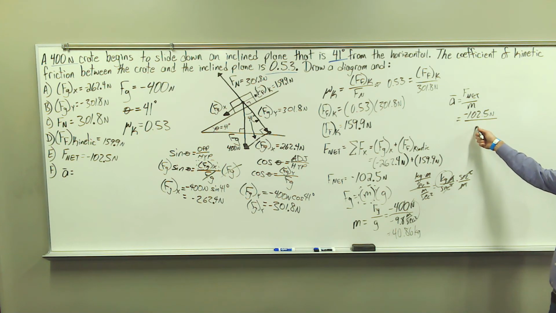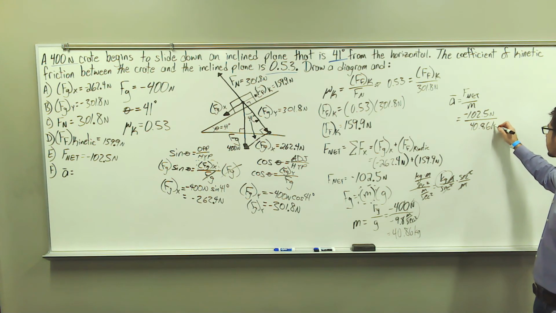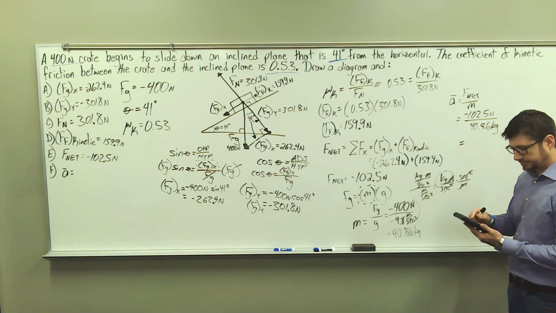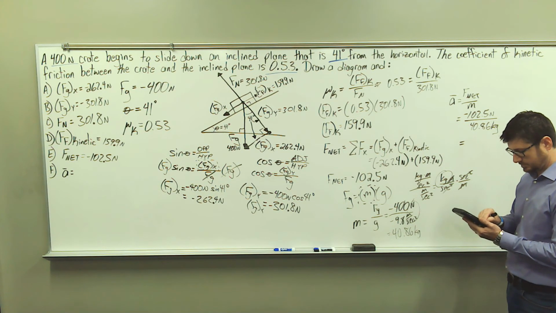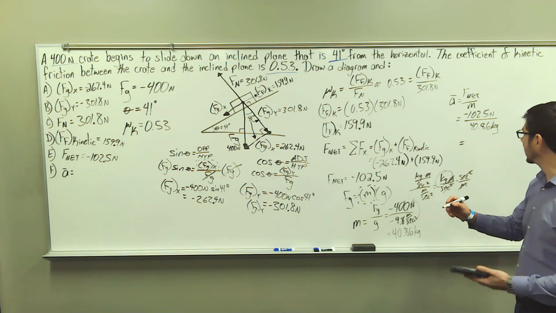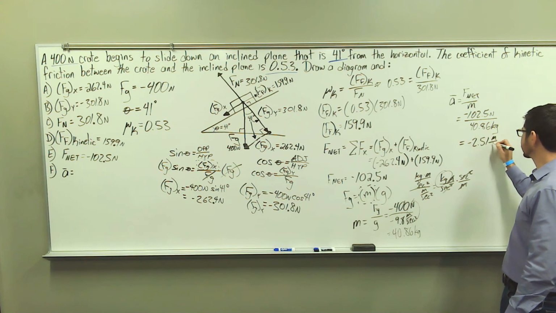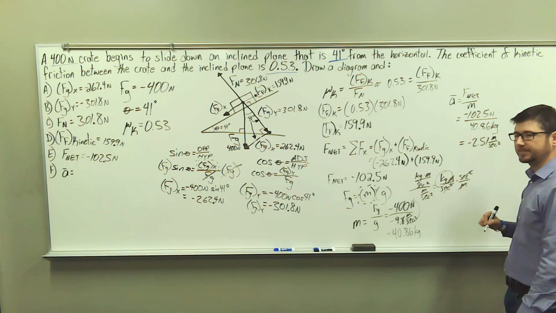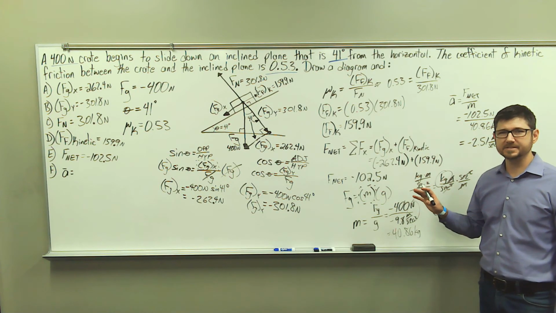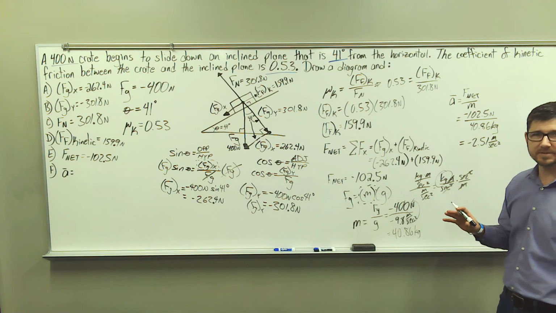So we're going to divide by 40.86 kilograms, okay? And I get a negative 2.51 meters per second squared, okay? Now, what I want to do to be more specific in this situation is describe the direction of acceleration.